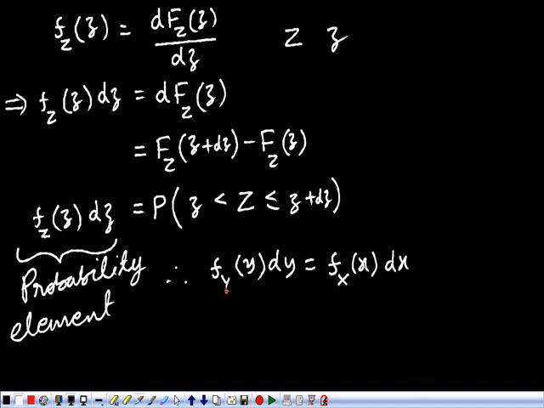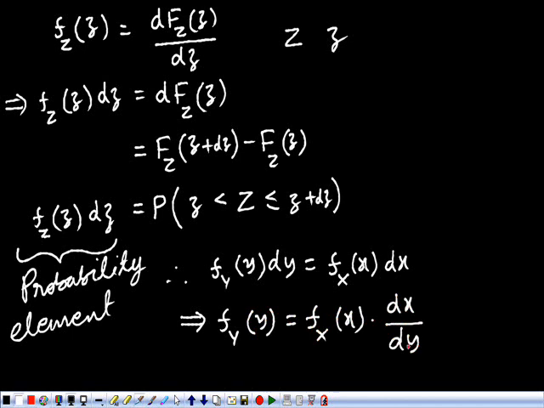We already know that the probability of y lying in between y and y plus dy is equivalent to the probability of x lying in between x and x plus dx. So this implies fy of y dy is equivalent to fx of x into dx. Is it right?